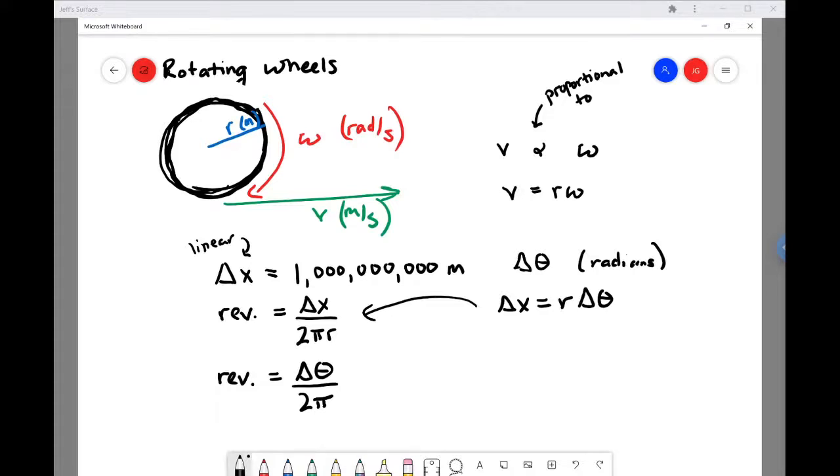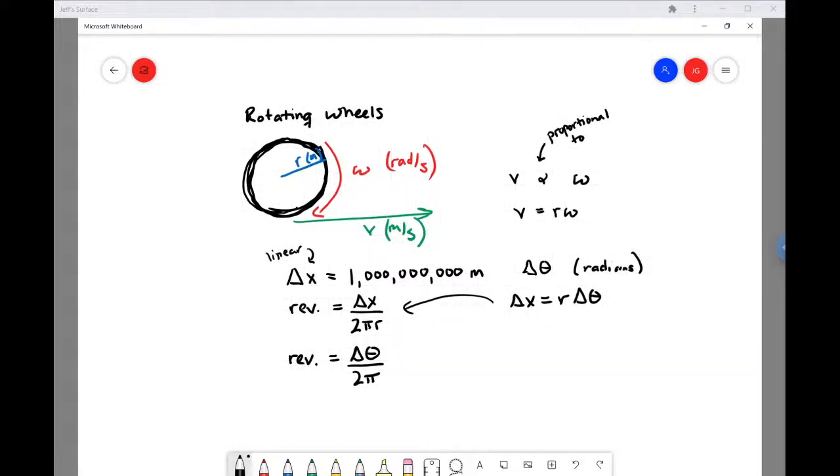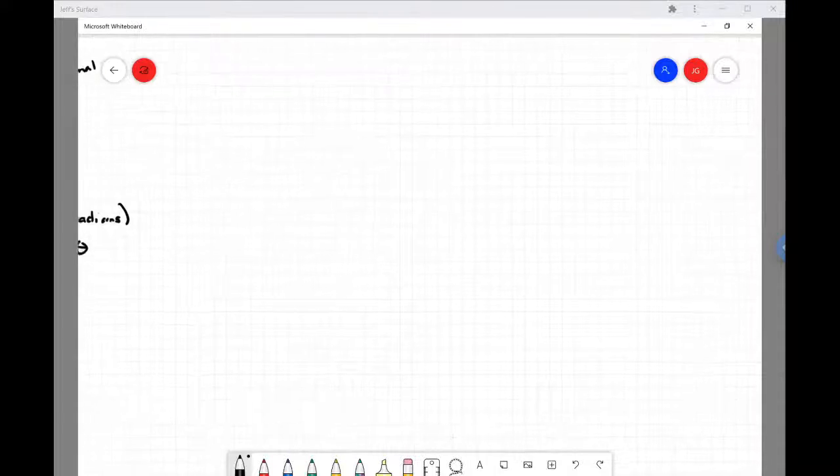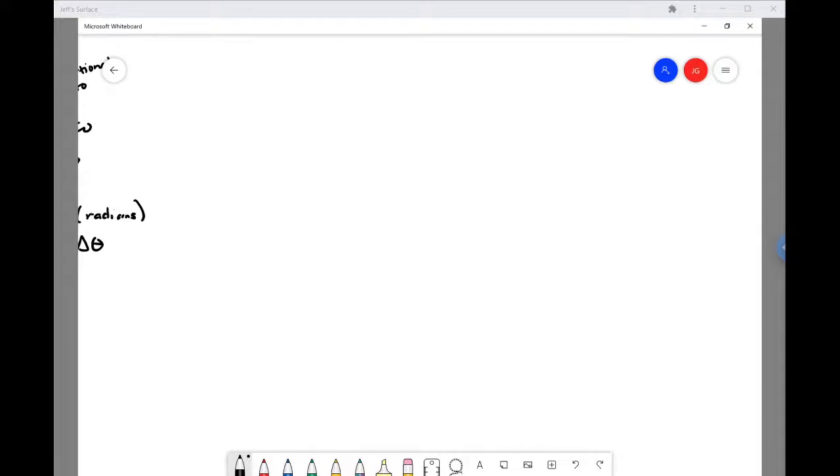Let's talk about a fan or a turbine. That's another thing that spins. And so you have a central hub, and then, typically, the big wind turbines have 3 blades, like this.